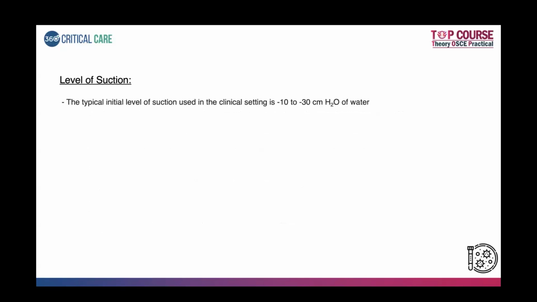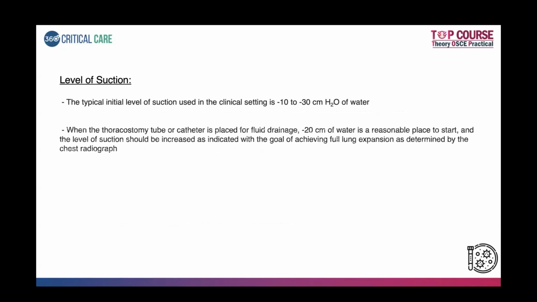So, the level of suction. The initial level of suction used in the clinical setting is -10 to -30 centimeters of water. When the thoracostomy tube or catheter is placed for fluid drainage, -20 centimeters of water is a reasonable place to start. And the level of suction should be increased as indicated with the goal of achieving full lung expansion as determined by the chest radiograph.